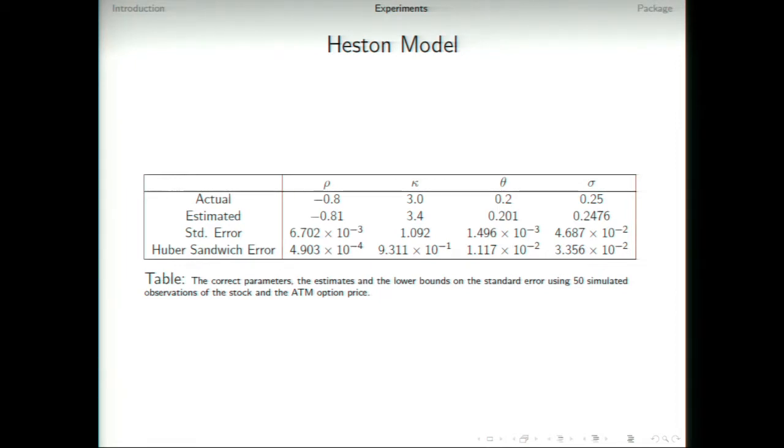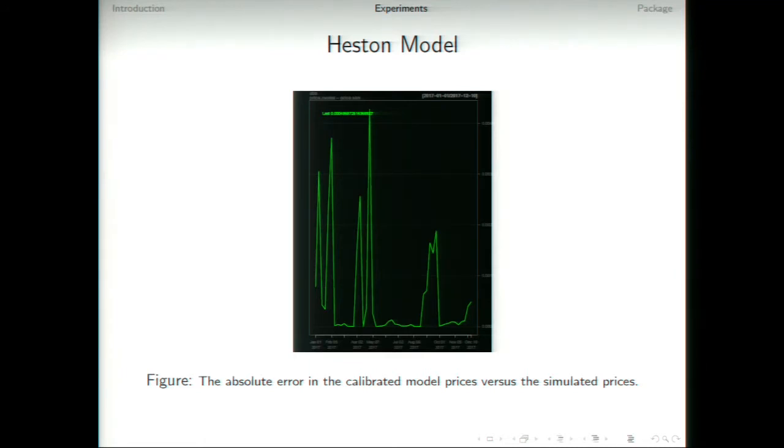Again, all of this is done using simulated data, simulating the underlying, and then we use a Fourier cosine method to price the Heston model. And we can look at our error between the model fitted parameters. So if we now fit the model and simulate the model, we can compare the error in the prices with the simulated prices.